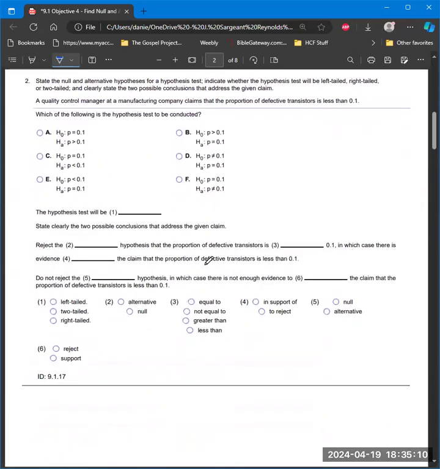Let's keep going here. State the null and alternative hypothesis for the hypothesis test. Indicate whether the hypothesis test will be left-tailed, right-tailed, or two-tailed, and clearly state the two possible conclusions that address the given claim. So a quality control manager at a manufacturing company claims that the proportion of defective transistors is less than 0.1, less than 10%.